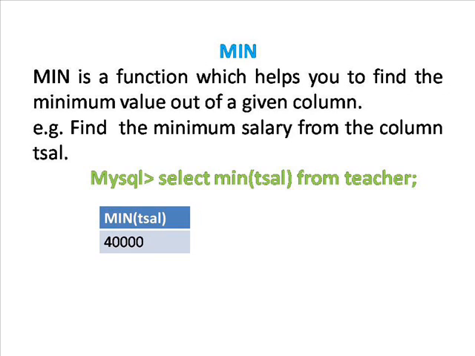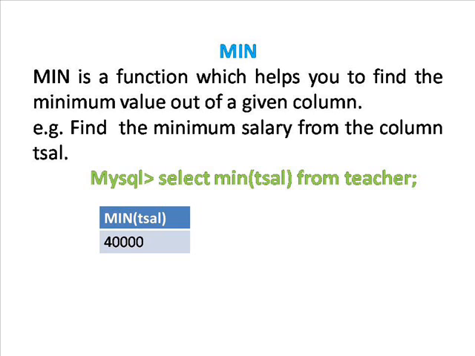To move on to the next aggregate function, we have min. Min is the opposite of max, which means it helps you to find the minimum value from a given column. Say for example, I want to find the minimum salary from the column TSAL.